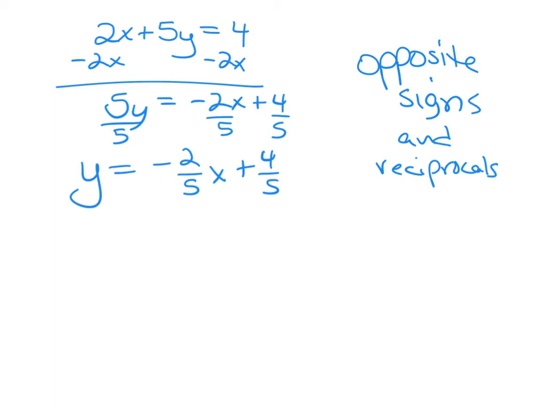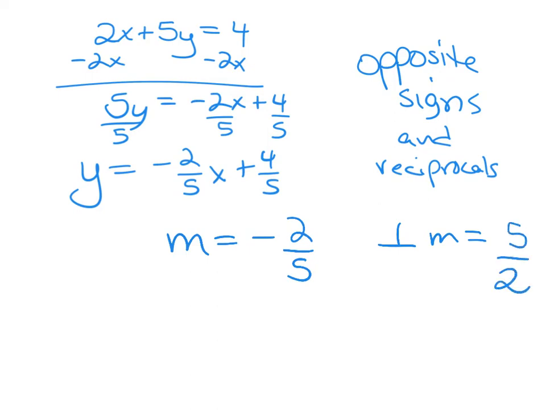So my slope right now is negative 2/5. My perpendicular slope is going to be positive, and I flip the fraction upside down. So this will be the slope that I'm using now.